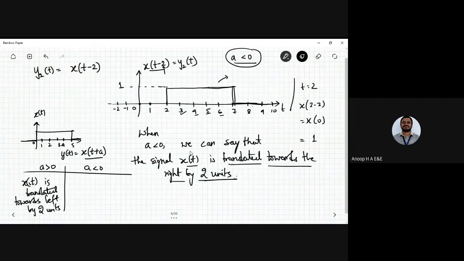When a is less than 0, you can say that x of t is translated towards right by 2 units. So this is the representation of both of them, where you will be having a greater than 0 and a less than 0.